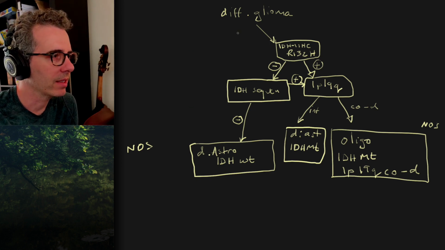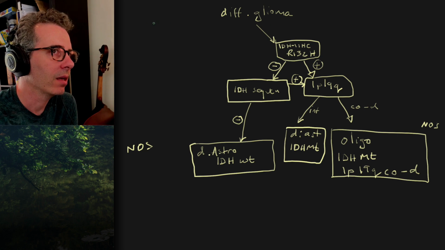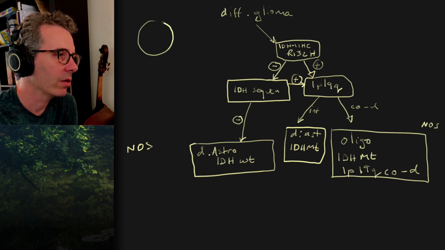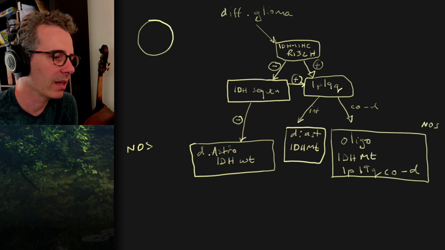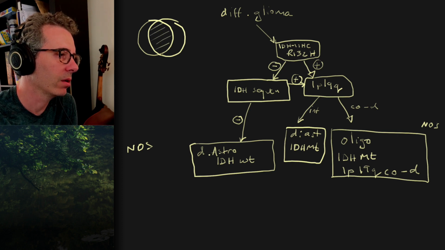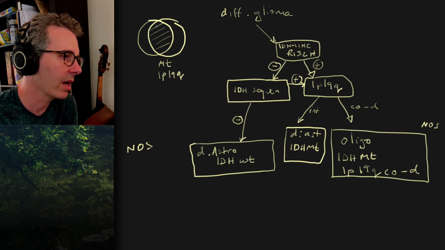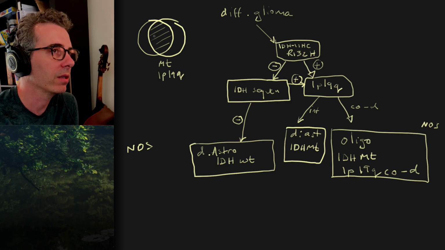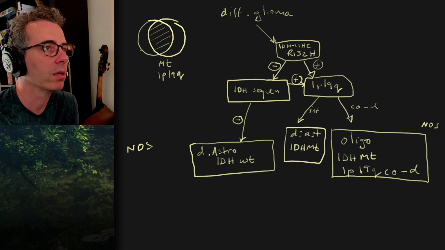What's important to realize is that if you look at the histology diagnosis versus the molecular classification diagnosis, the overlap is not perfect. In most cases, things that look like an oligodendroglioma will turn out to be mutant and 1p19q co-deleted, and they all make sense. But you'll get some cases where they look like oligos but don't have the molecular diagnosis, in which case you still call it an astrocytoma.